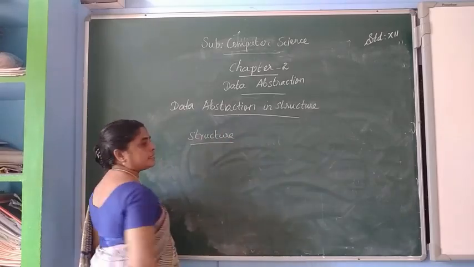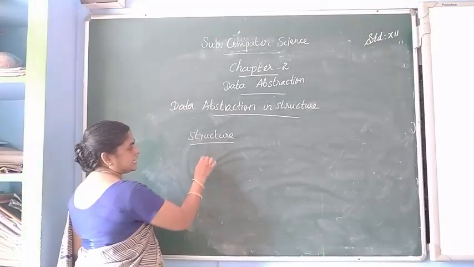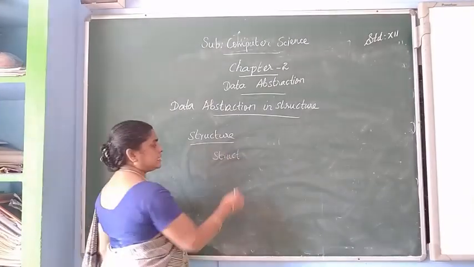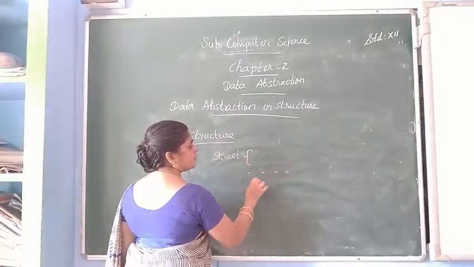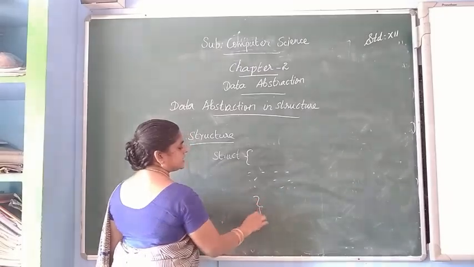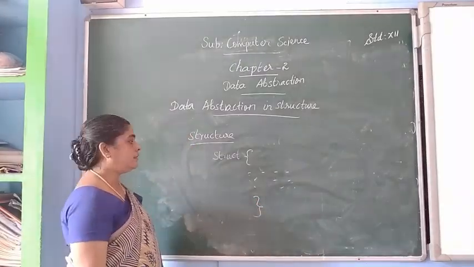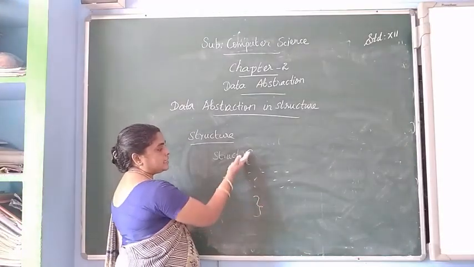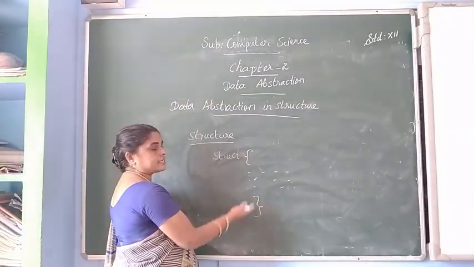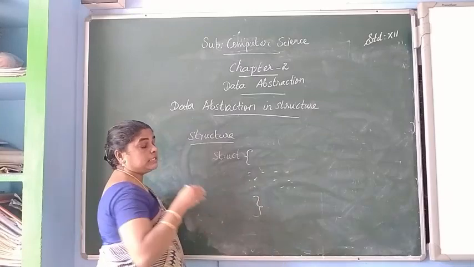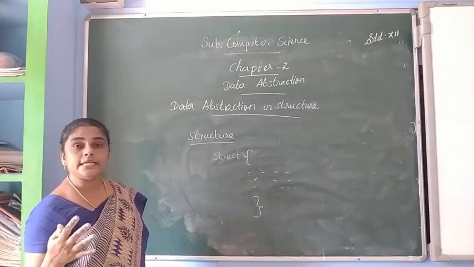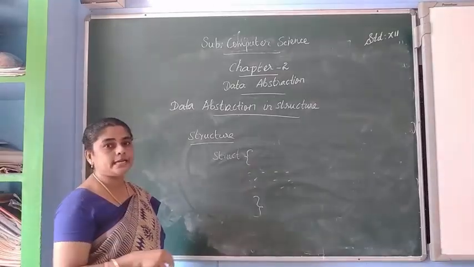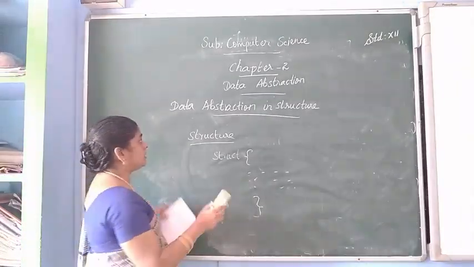For the structure, the keyword is struct. Struct, then curly braces, here a set of data types, then here the curly braces will close. Okay, here this struct is the keyword. Inside these curly braces will be a block of data types. In the structure, the data types are kept together.